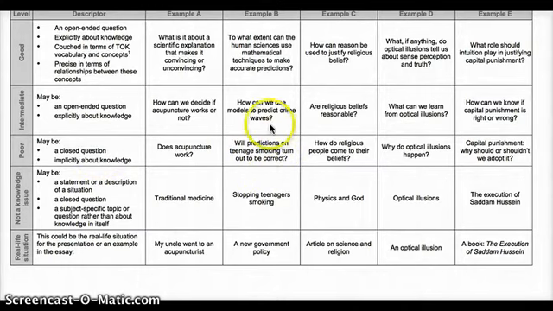Then we might move up to, how can we use models to predict crime waves? So it's a little bit more about models and knowledge and prediction. And then, to what extent can human sciences, so we're now linking some TOK concepts in here, use mathematical techniques to make accurate predictions? So we're getting now to a real question that can be applied to different real life situations when we come back up above the TOK waterline.